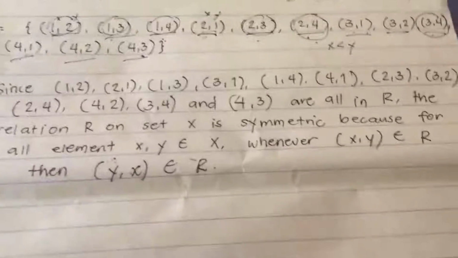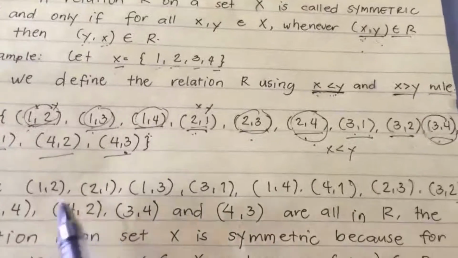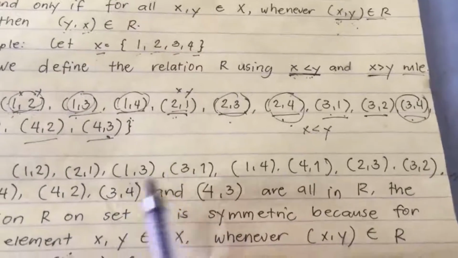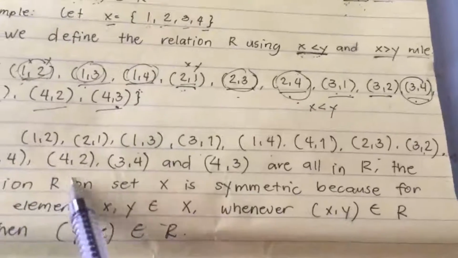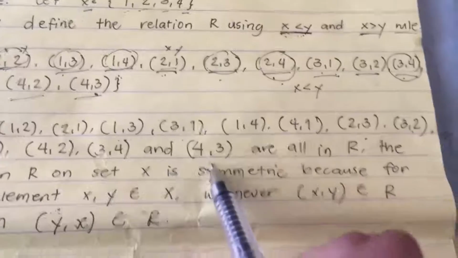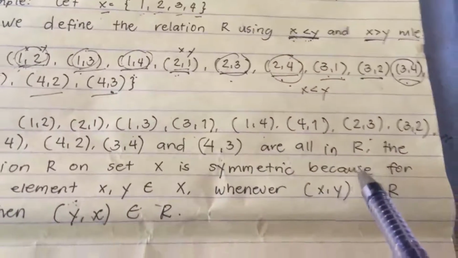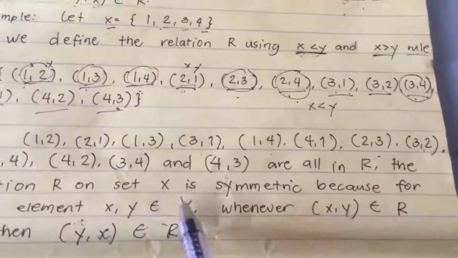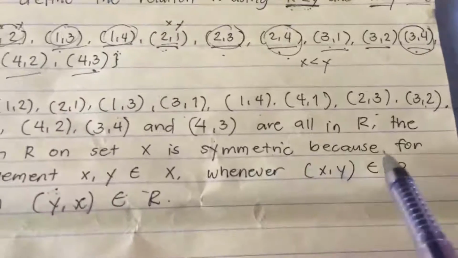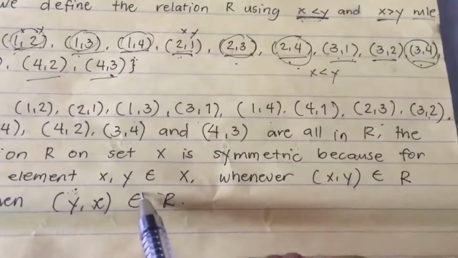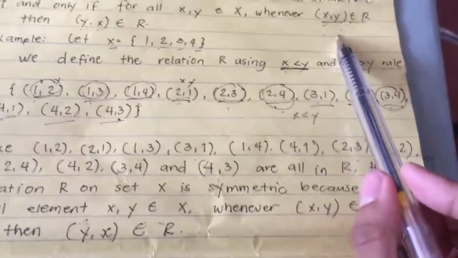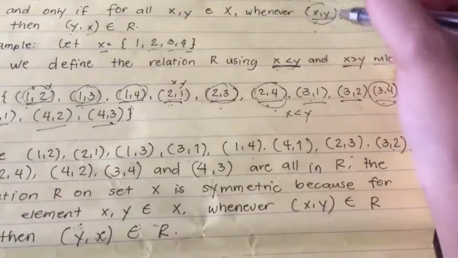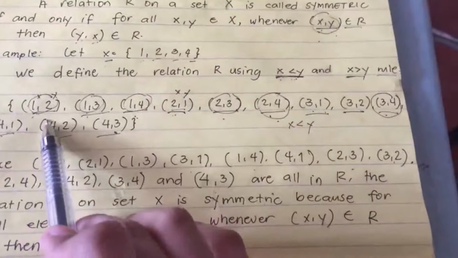Next definition, since 1 and 2, 2 and 1, 1 and 3, 3 and 1, 1 and 4, 4 and 1, 2 and 3, 3 and 2, 2 and 4, 4 and 2, 3 and 4, 4 and 3 are all in R, the relation R on set X is symmetric because for all elements X and Y, just like what we said in the first definition, X and Y are the first and the second element.